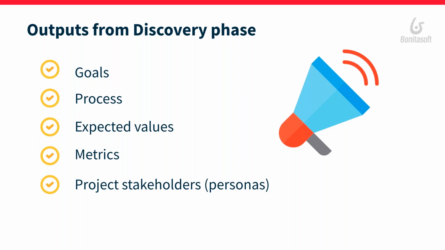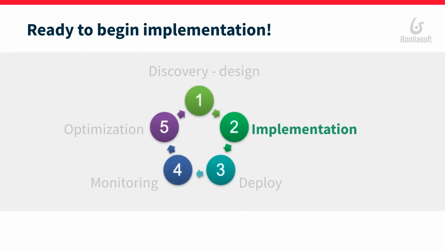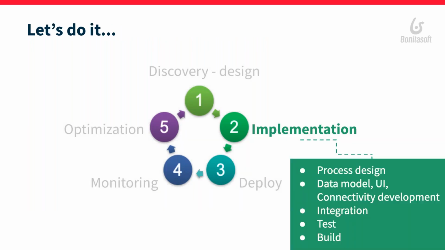So now everything is set to start with the implementation. So we are ready to begin. But what are you doing really during this implementation? You are going to define the process, so design it. You are going to do developments, and in this case I'm talking about developments with Bonita, for example.